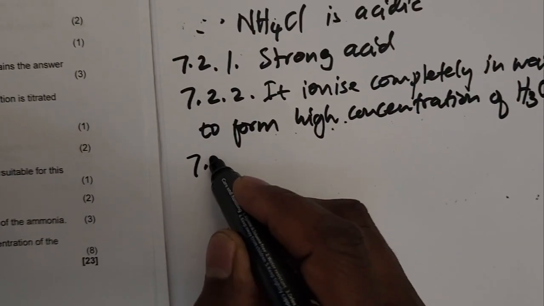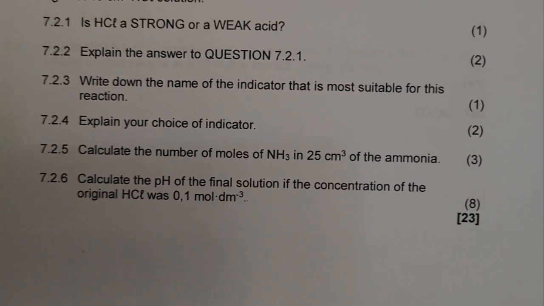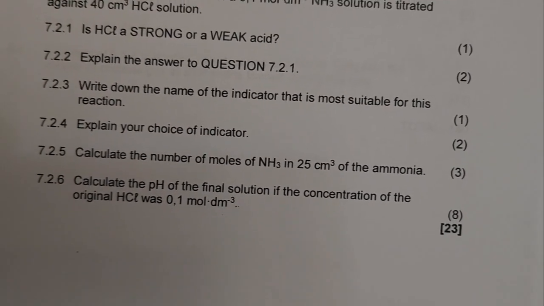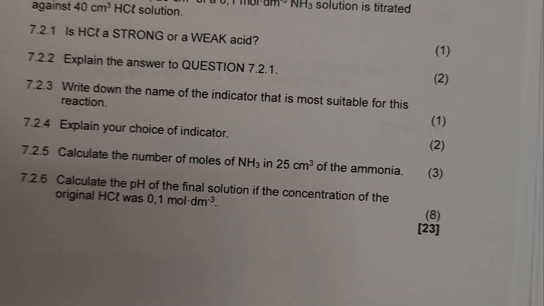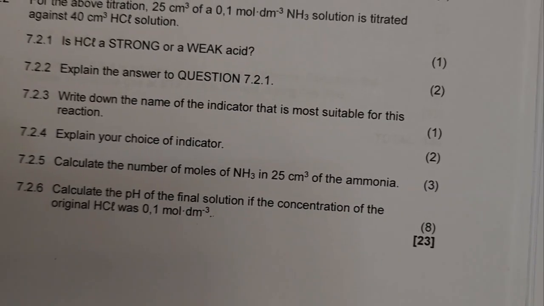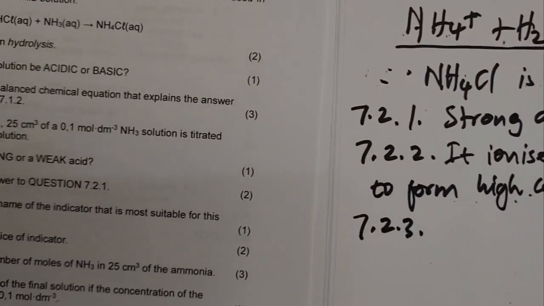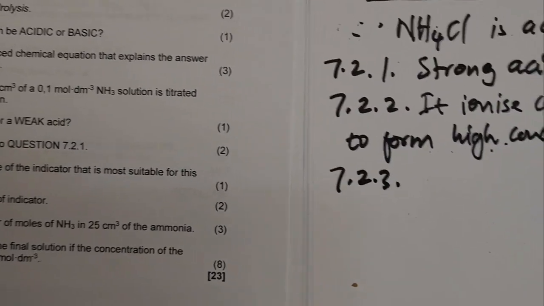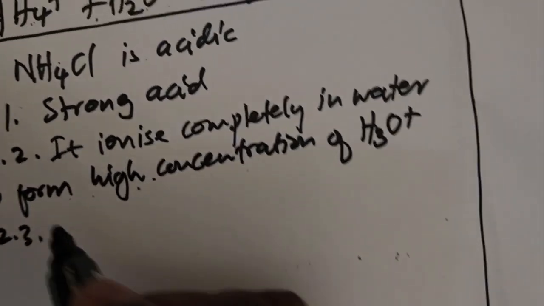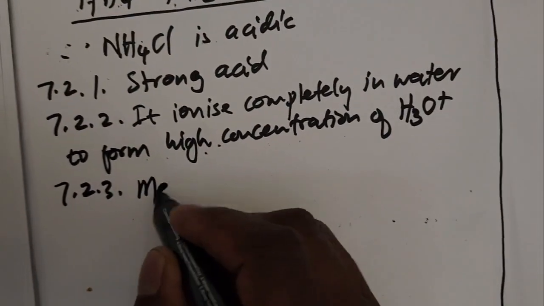If you just write it half, they can give you no mark in this case. So remember that. Fine. 7.2.3, they are telling us to write down the name of the indicator that is most suitable for this reaction. Remember, if we react a strong acid and a weak base, then we need methyl. So in this case it will be methyl orange.